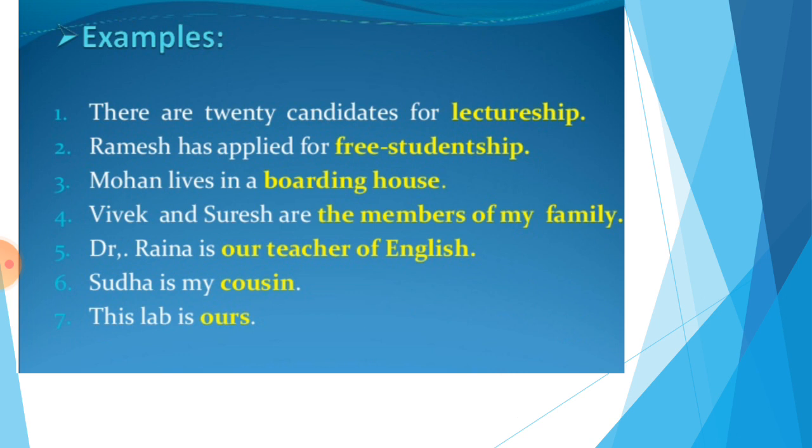That is wrong. Dr. Raina is our teacher of English. You should not say English teacher. Sudha is my cousin. Don't say Sudha is my cousin sister. That is wrong. This lab is ours. Don't use an apostrophe here.